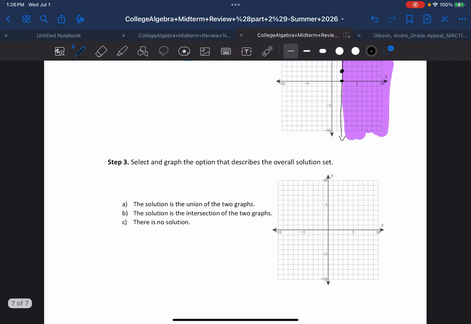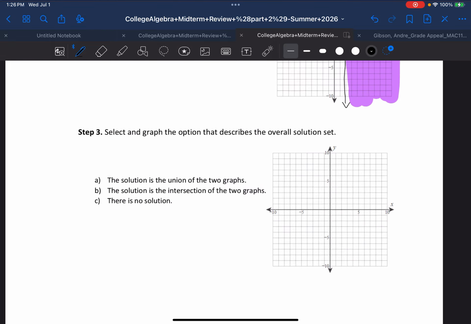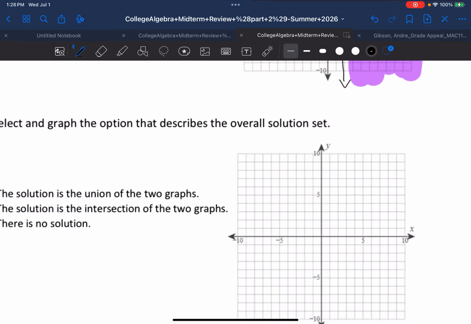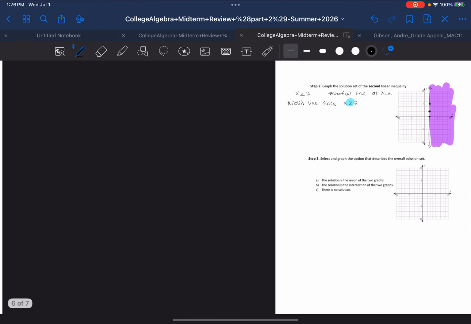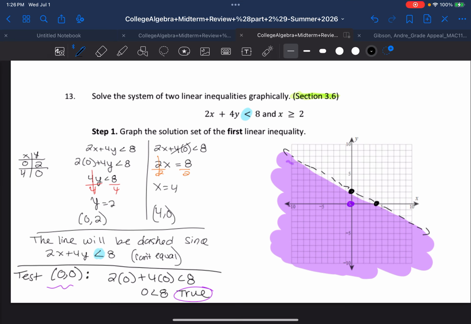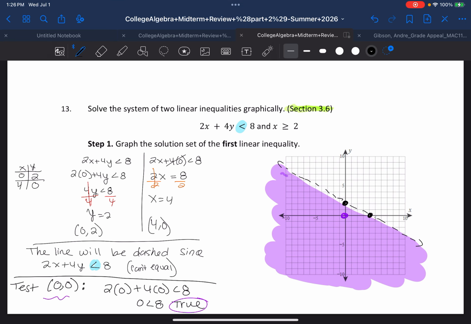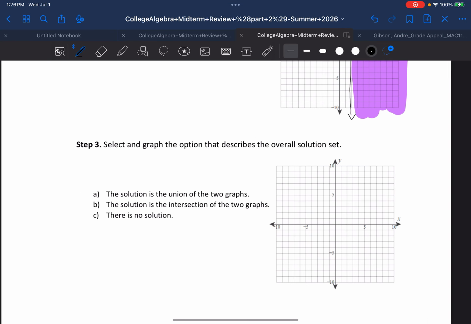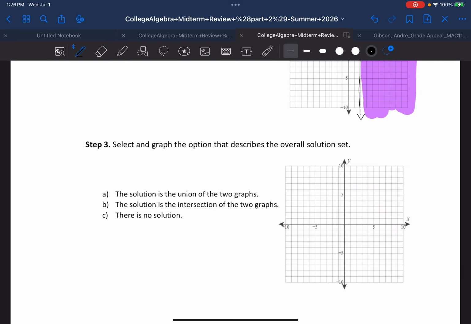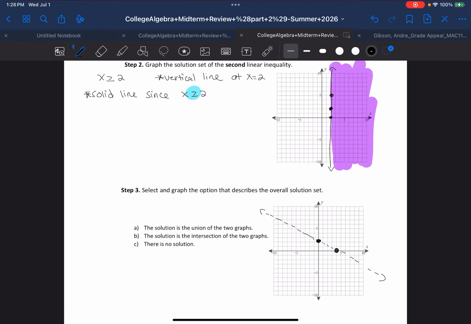Now, step 3, we are going to combine and graph the entire set. So let me remind myself of these points, 0, 2, 4, 0. And then x is 2.